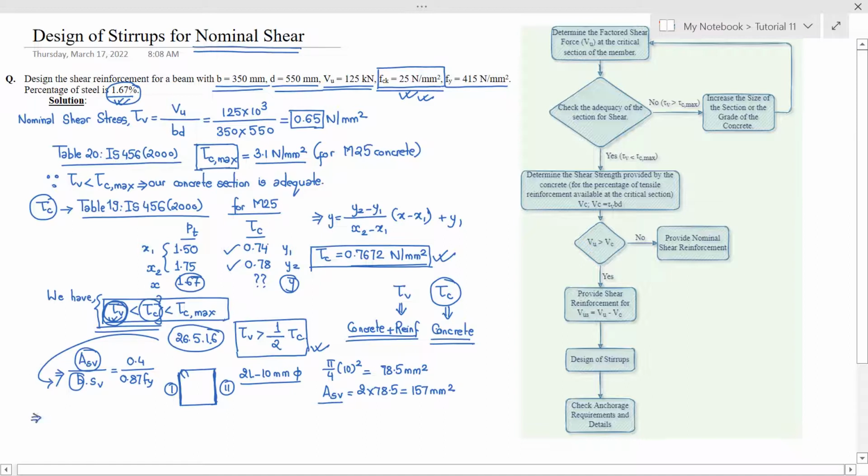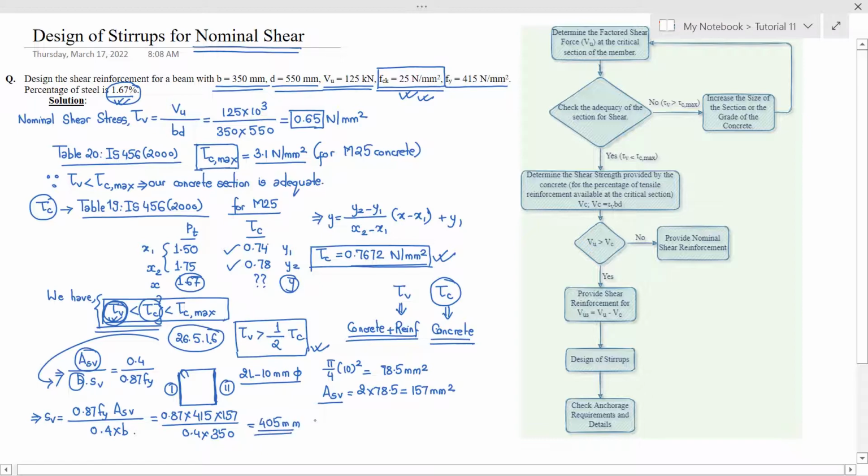Now let us find SV. SV is given as 0.87 Fy ASV upon 0.4 into B. That is 0.87 into the grade of steel we are using, which is 415, into ASV, which is 157, over 0.4 into the value of B, which is 350. If you do this calculation, you will get the value of SV as almost equal to 405 mm.